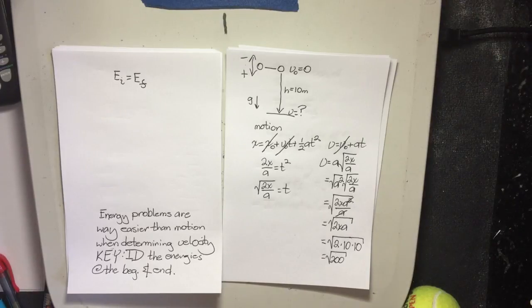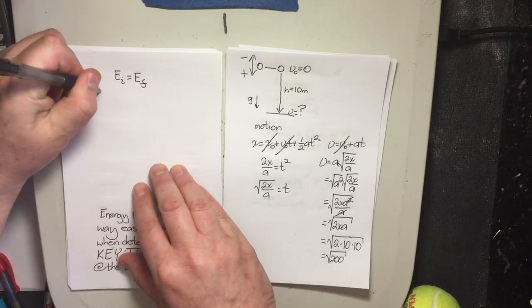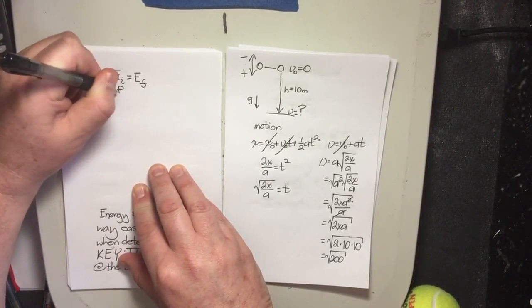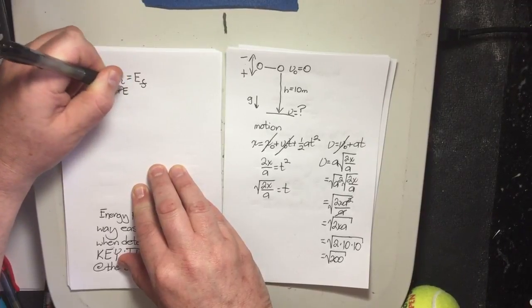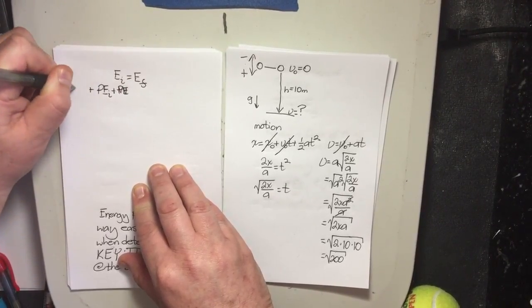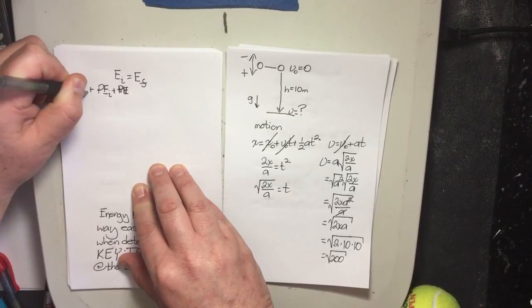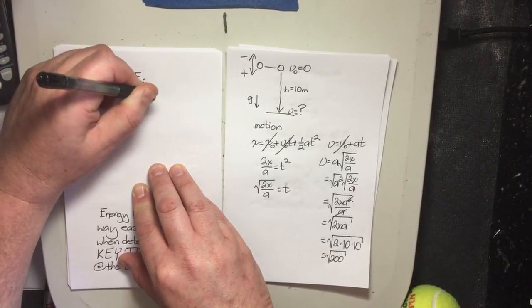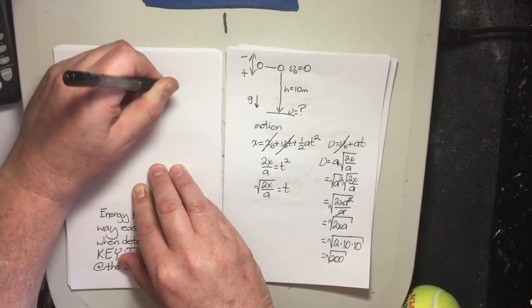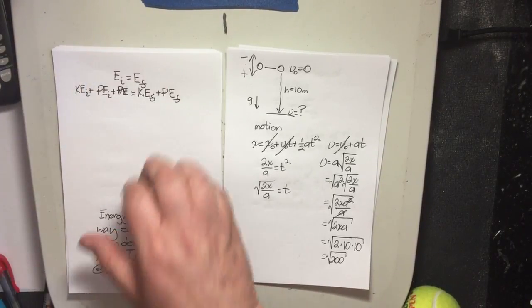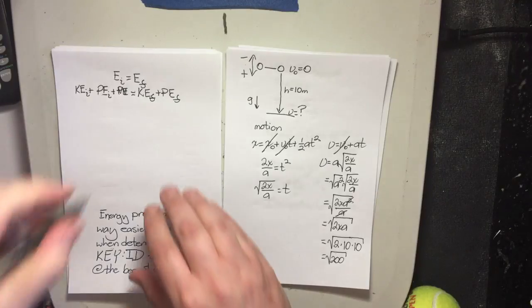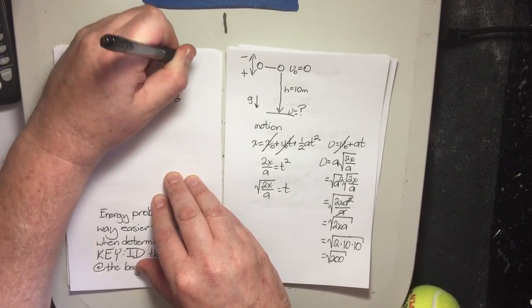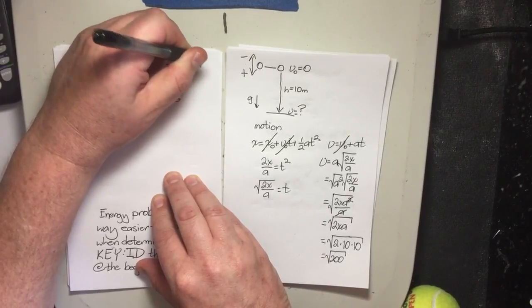The energy initial, technically you write this. Energy, total energy, is the sum of potential energy plus kinetic.